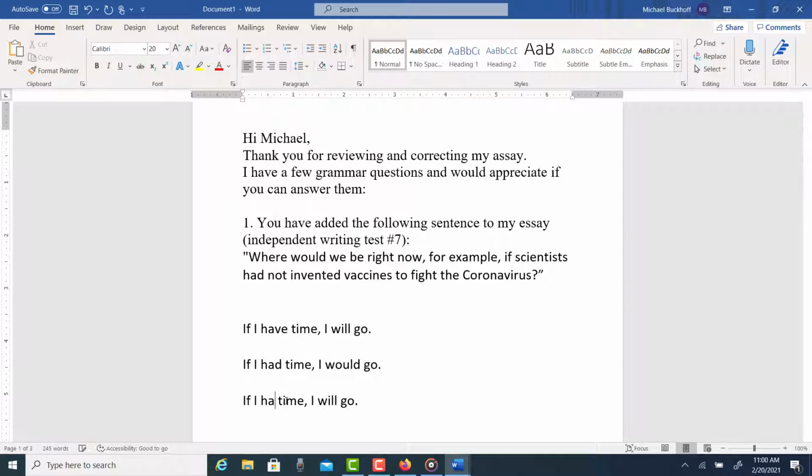It's really weird. If I had had time, I would have gone. So the best answer is that the had not precedes this other action, and because this is past, it forces the other past tense verb to be the past perfect tense.